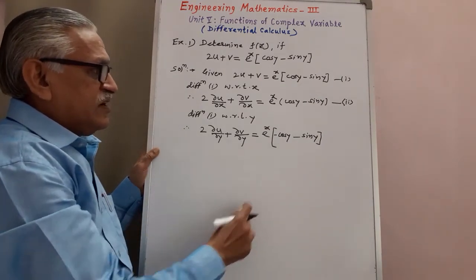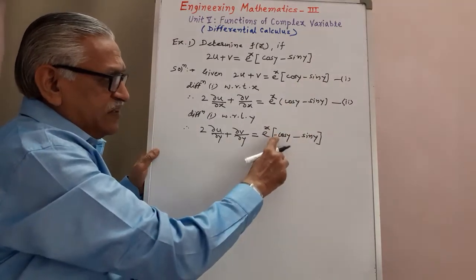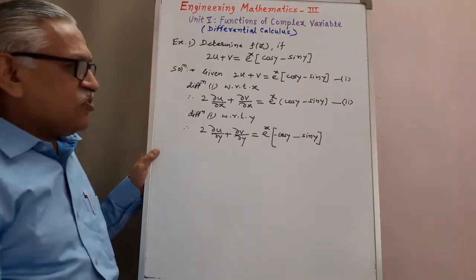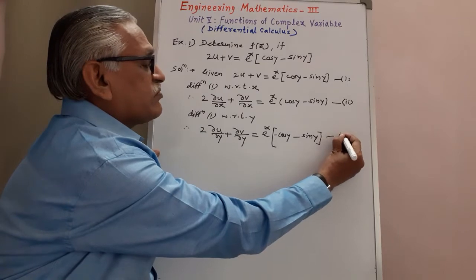Okay. Derivative of sin is cos y, but it is with minus sign, therefore it becomes minus cos y. We call this as equation number 3.